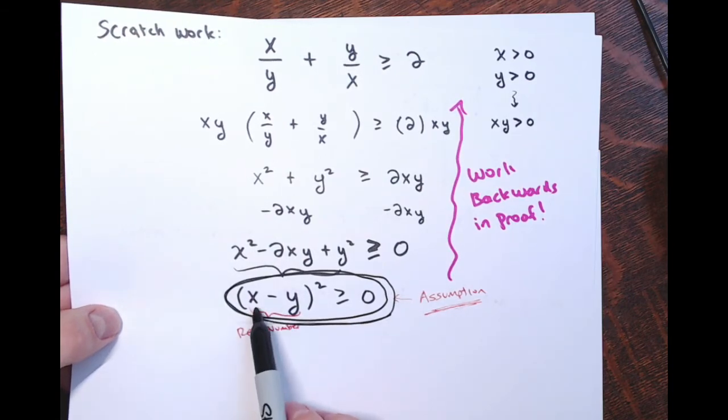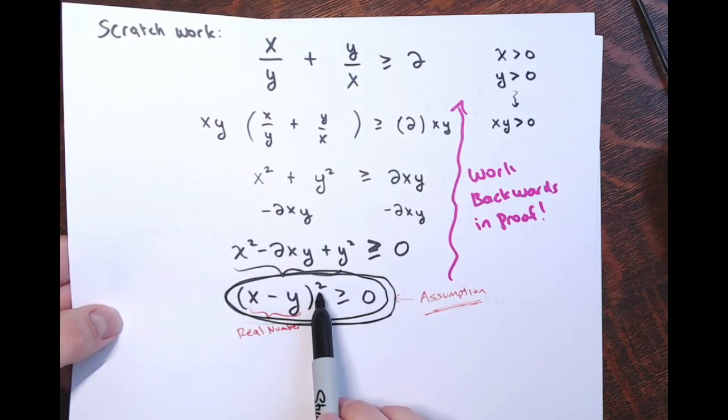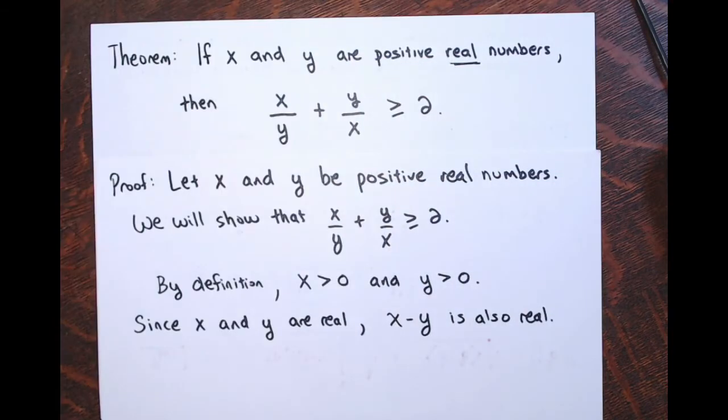We know that x minus y is real, so its square must be non-negative.